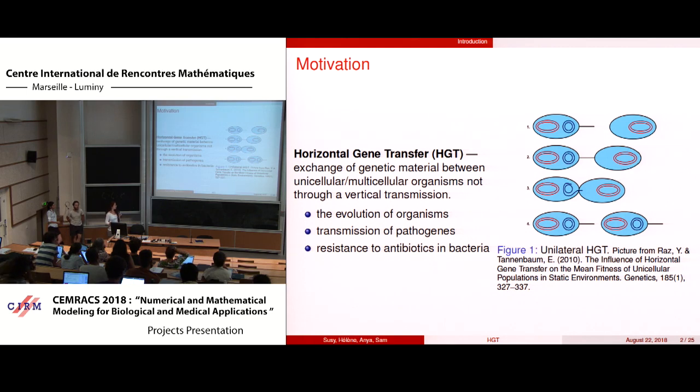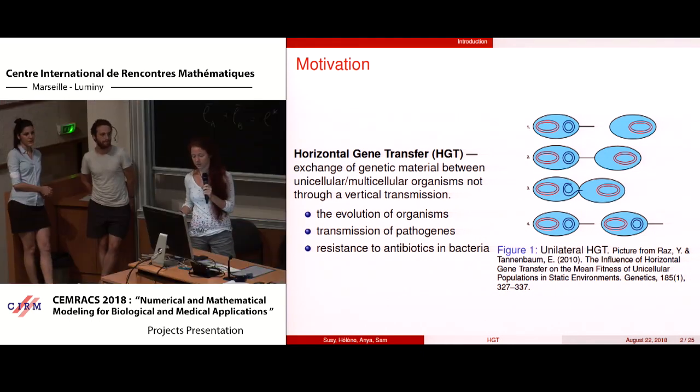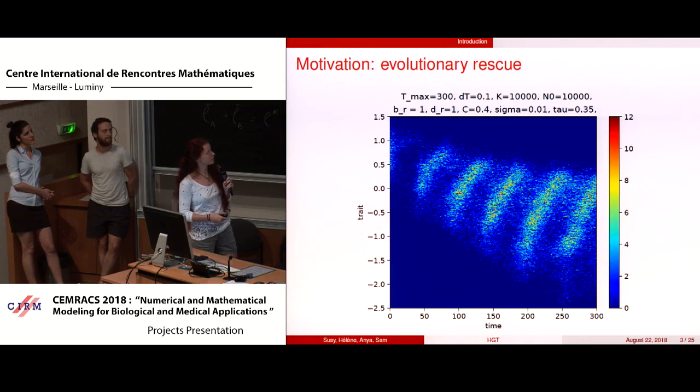That's how unilateral horizontal gene transfer looks. This phenomenon is very important in modeling, for example, evolution of organisms, transmission of pathogens, resistance to antibiotics in bacteria, and so on. And since we are not biologists here, for us it looks more or less like this.